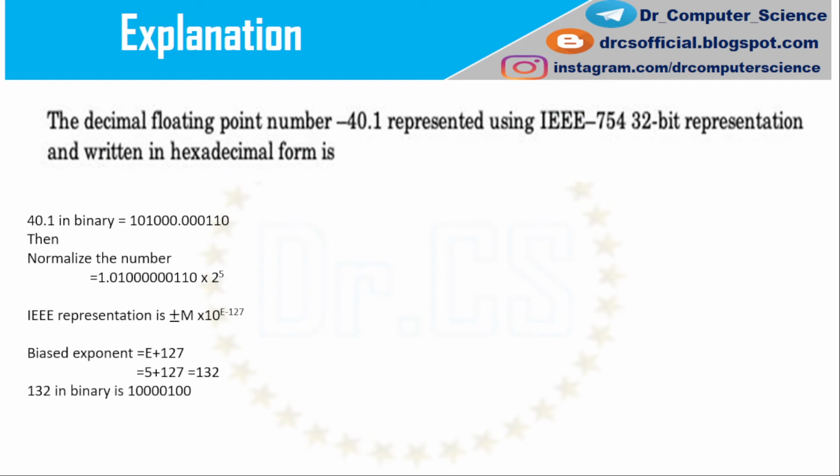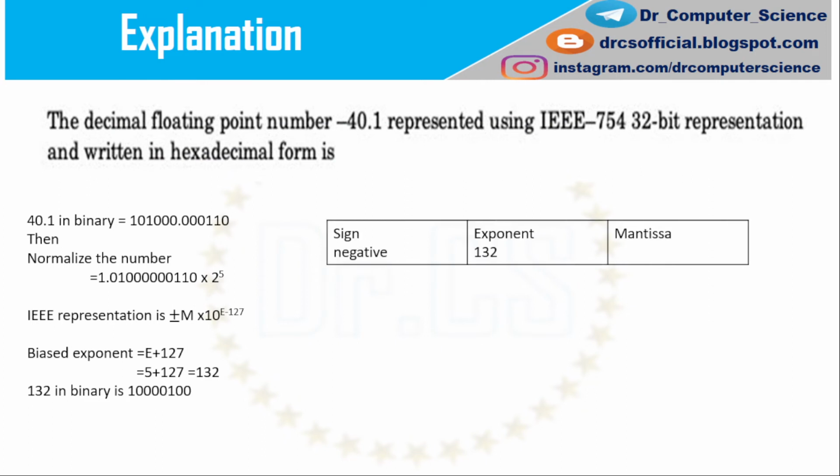132 in binary is 10000100. The IEEE representation is sign, exponent and mantissa. Here the sign is negative, the exponent is 132 and the mantissa is 0100001110. Since the sign is negative, we put 1, and the exponent value is 132, so we write 132 in binary 10000100 and the mantissa as it is.